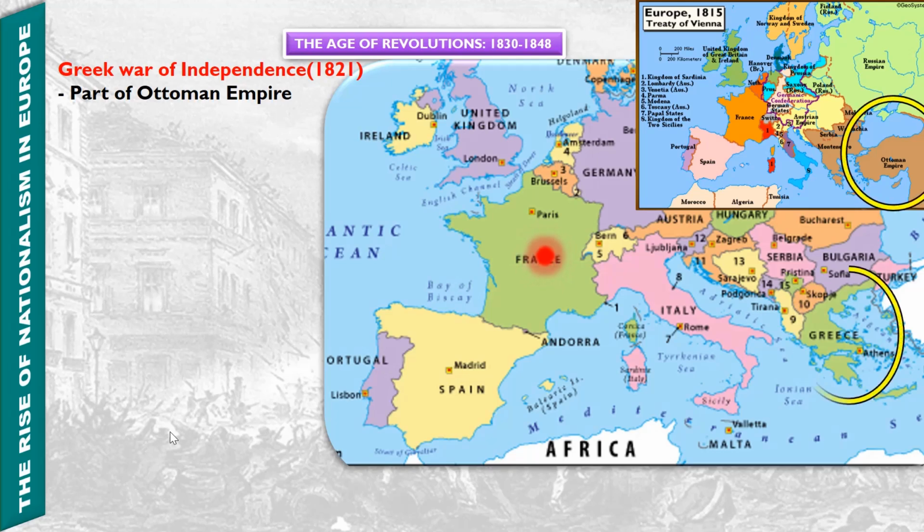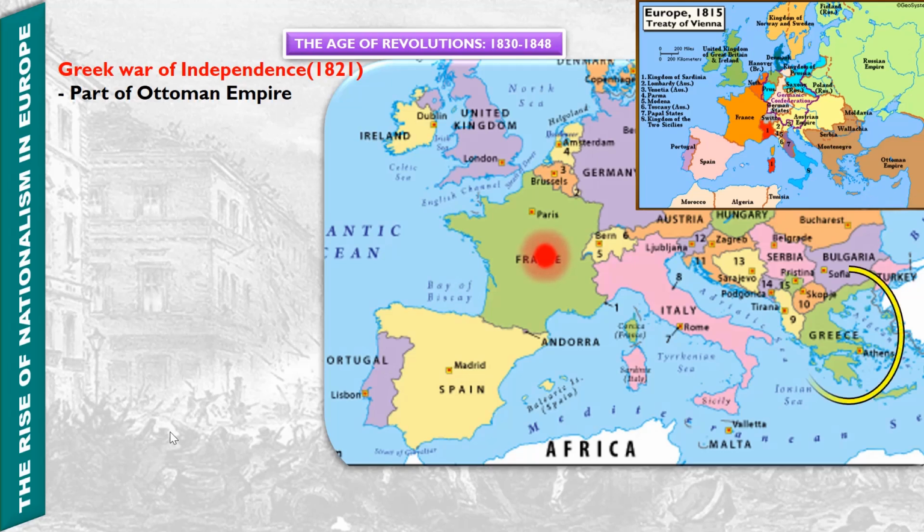Nationalists in Greece got support from other Greeks living in exile and also from many Western Europeans who had sympathies for ancient Greek culture. Poets and artists hailed Greece as the cradle of European civilization and mobilized public opinion to support its struggle against a Muslim empire.